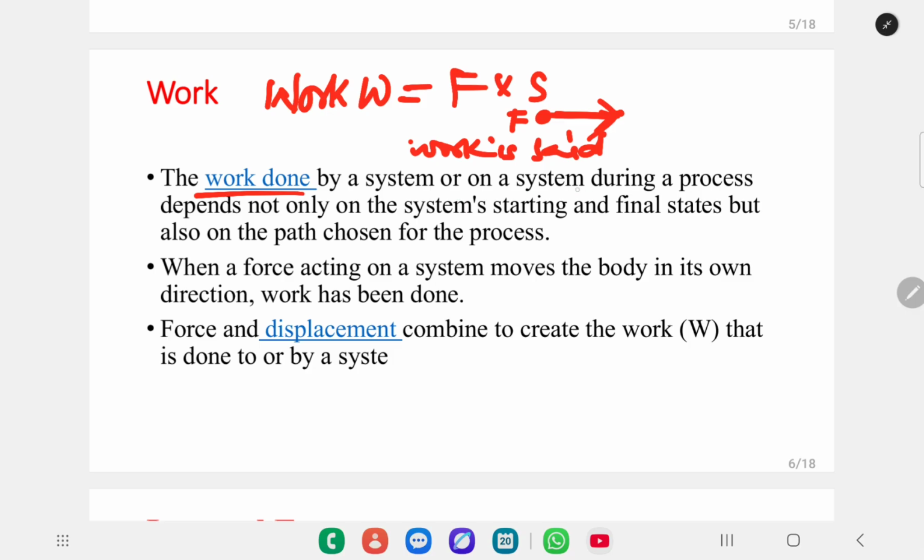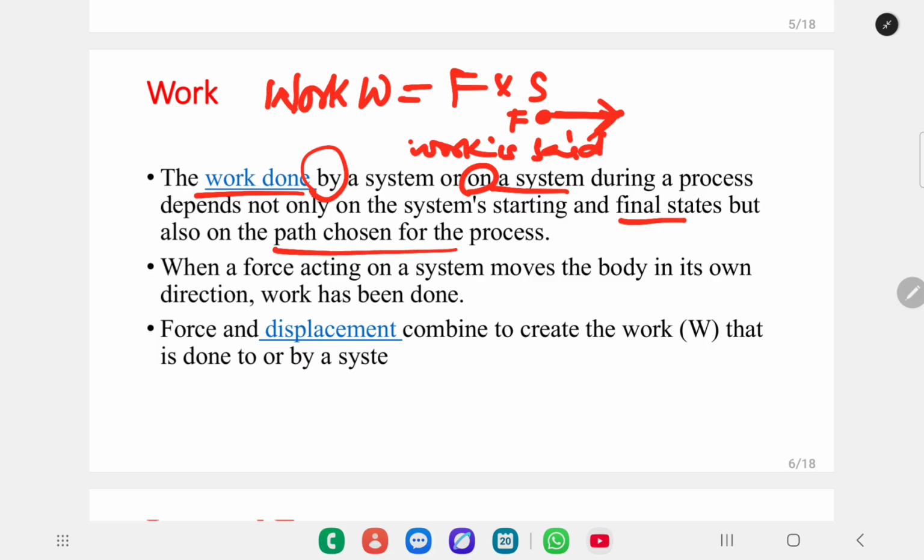Work done by a system or on a system during a process depends not only on the system's starting and final state but also on the path chosen for the process.